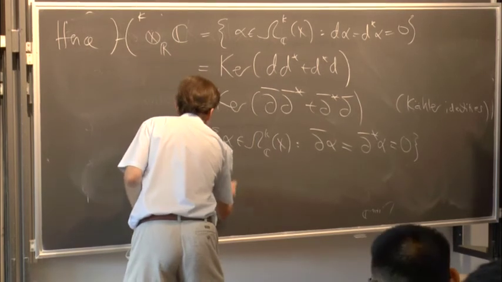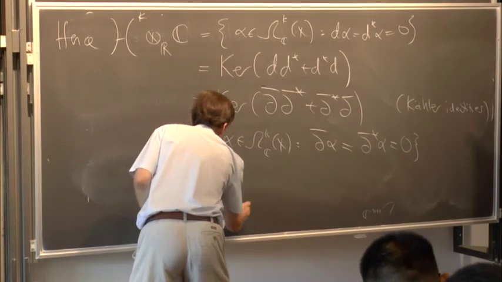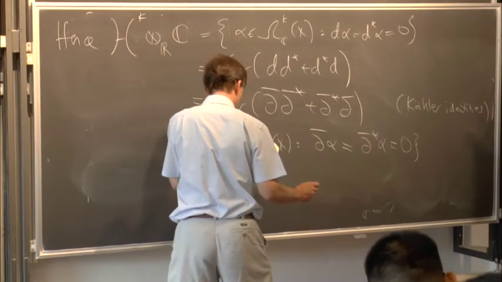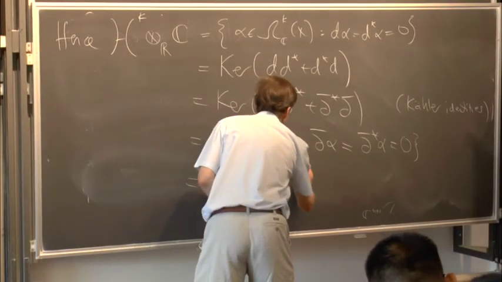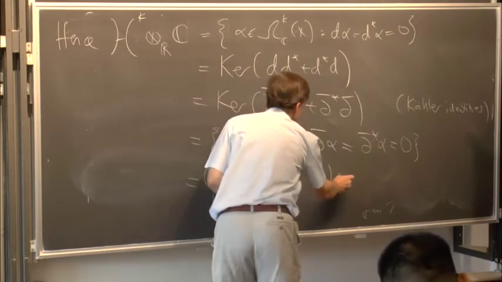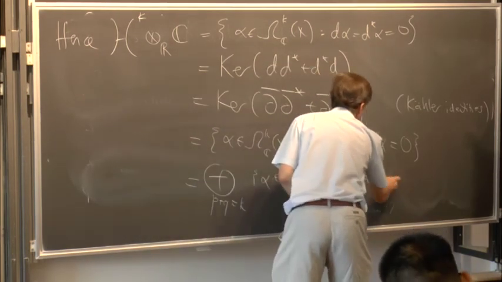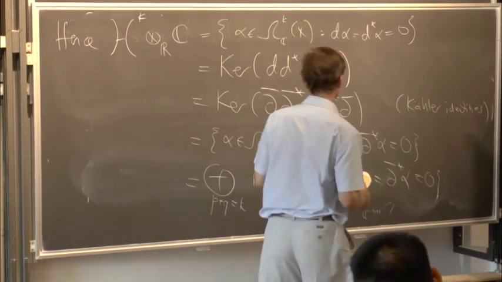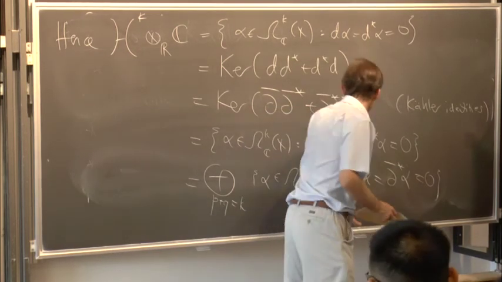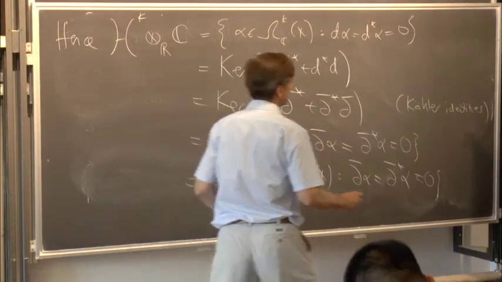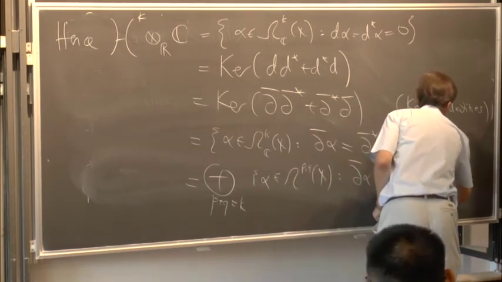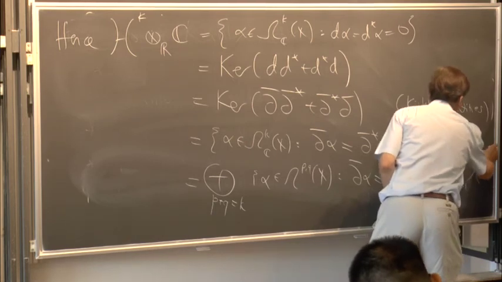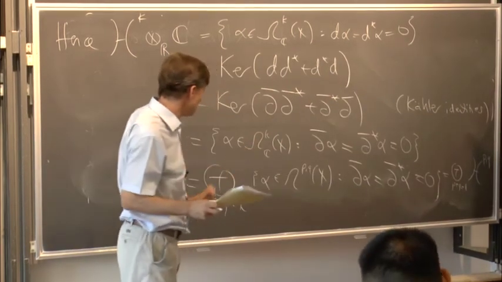So this is now the direct sum over p plus q equals k of the set of alphas in the (p,q)-forms on X such that ∂-bar alpha and ∂-bar star alpha are 0. Okay, and let's write this as the direct sum over p plus q equals k of curly H^{p,q}. Curly H^{p,q} is the set of harmonic (p,q)-forms.